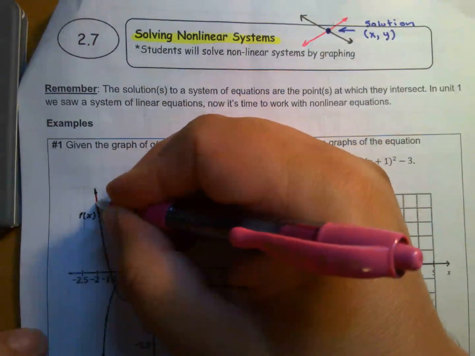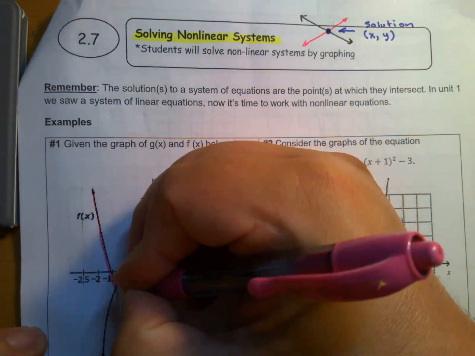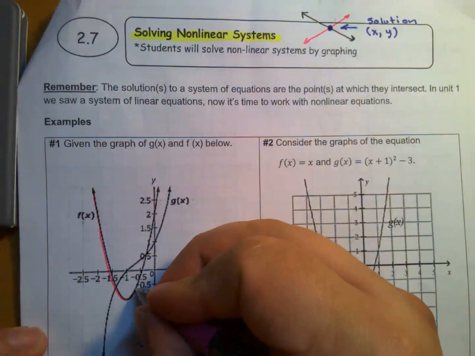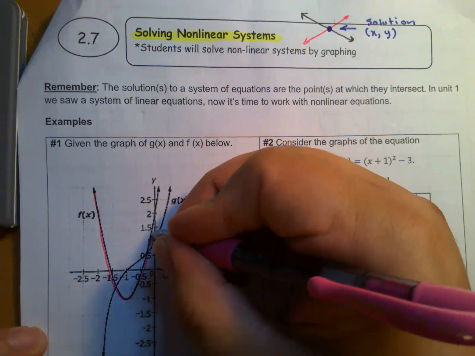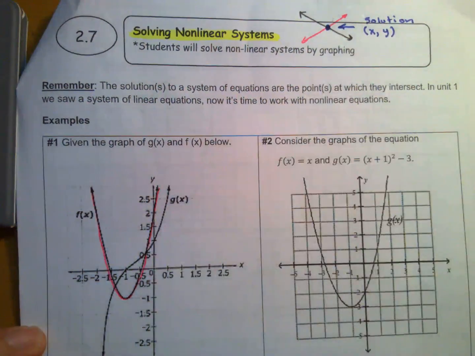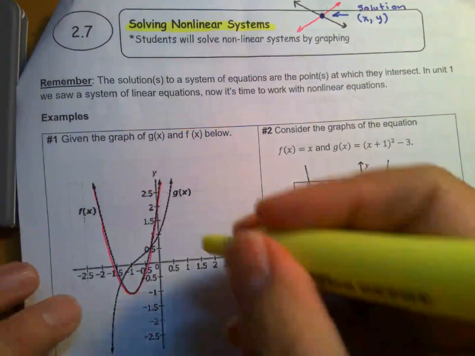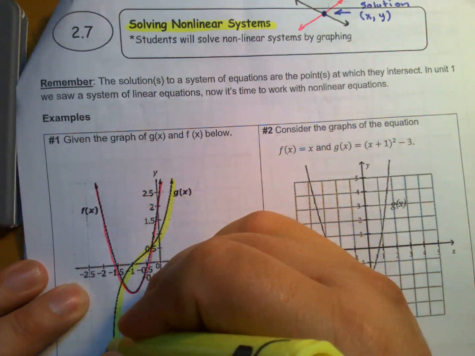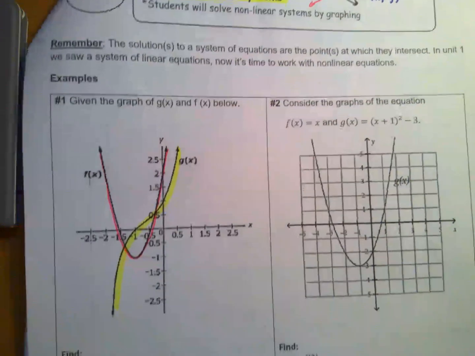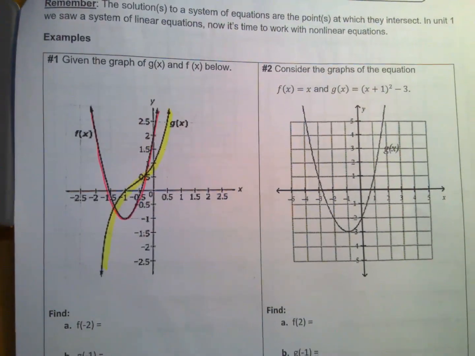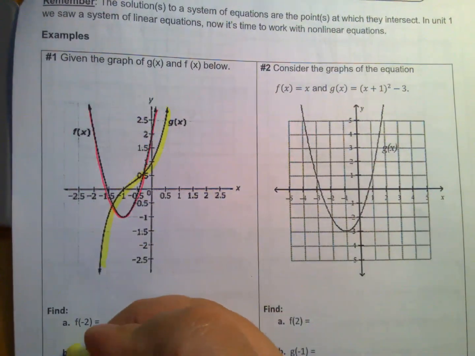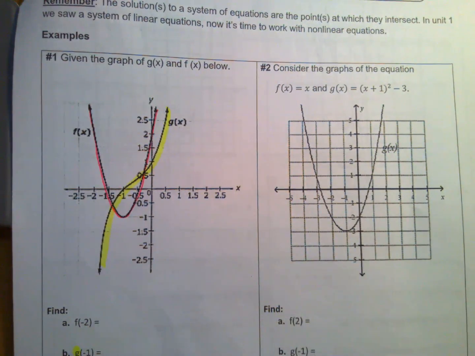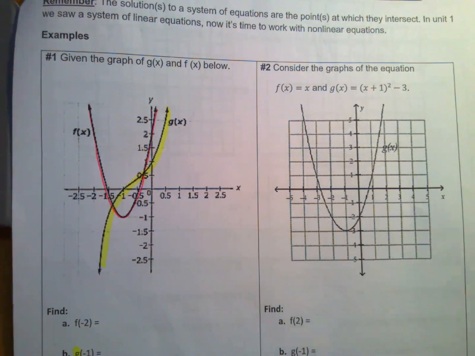So, for instance, when I'm looking at f of x, I'm going to give it a little bit of color here so that we can see it. And of course, maybe I should use this instead. There's my g of x. So I'm going to take a moment, and anywhere in my problem where I see g of x, I am going to highlight the letter G in all of my questions here.